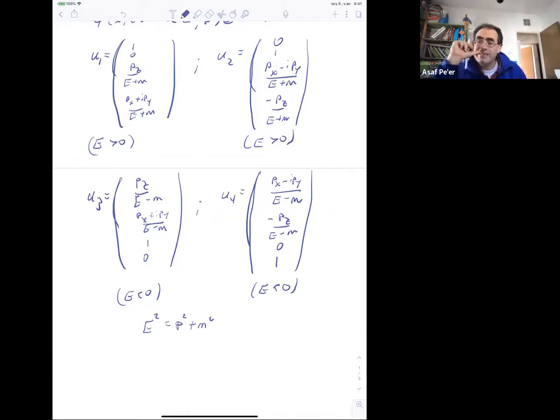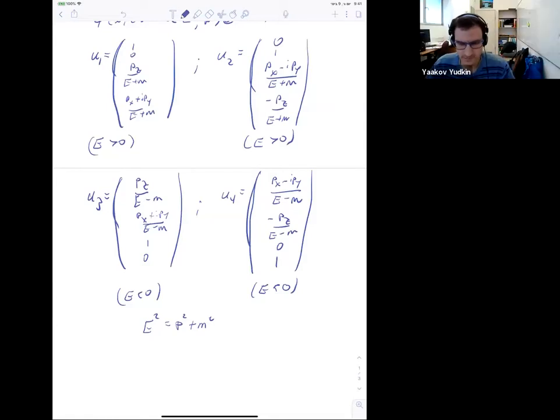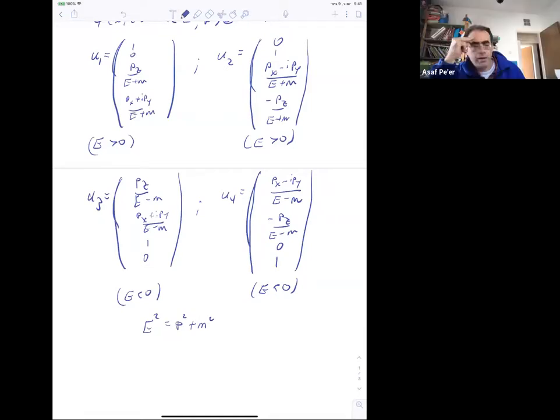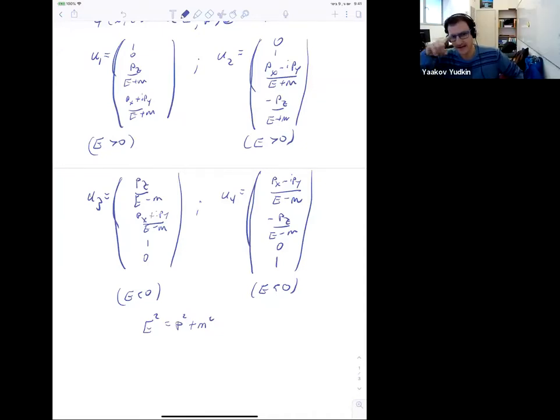Any questions before I go on? Yes, building on my question from last week, I had some time to think about it. So U1 through U4 are eigenstates of the Hamiltonian, obviously, so they correspond to either particle or antiparticle solution, but none of them are spin eigenstates, correct? If I look at Sz, which is on diagonal 1, minus 1, 1, minus 1, none of these are eigenstates of that matrix, right?